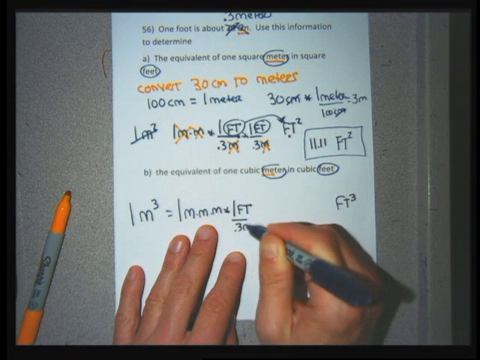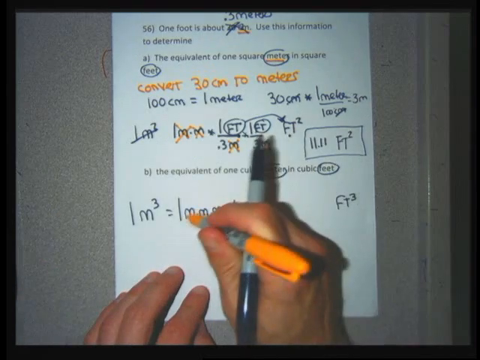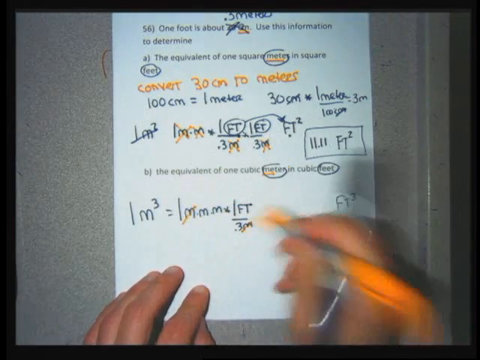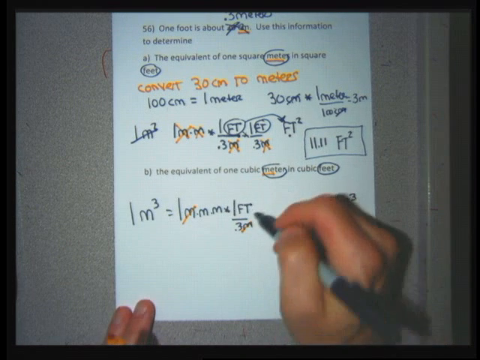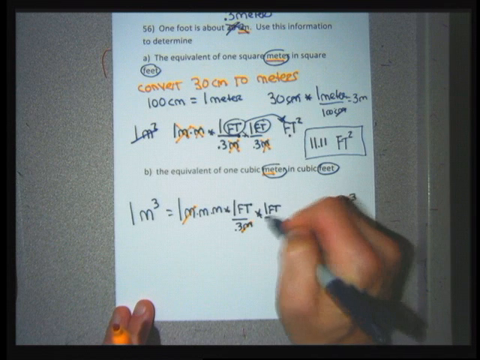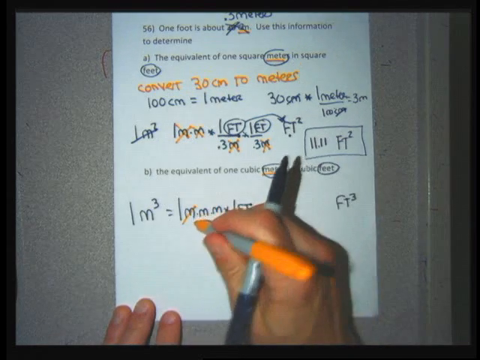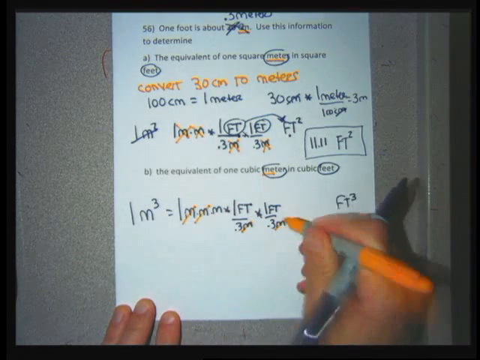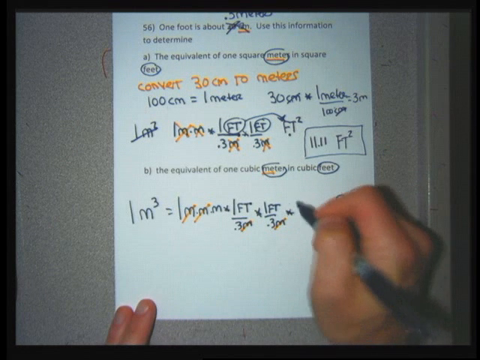If I just do this once, if I multiply by 1 foot is 0.3 meters, that cancels out 1 meter, but leaves me with 2 meters and a foot. In my final answer, I don't want any meters, but I want feet. And so I'm going to do this 2 more times. The second time that I multiply by 1 foot is 0.3 meters, the second m in the denominator cancels with the second m from my meters cubed, because meters cubed is meters times meters times meters.